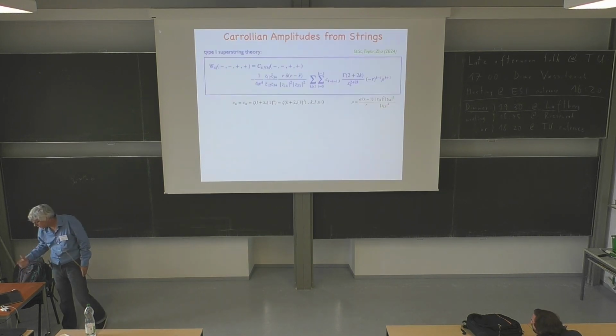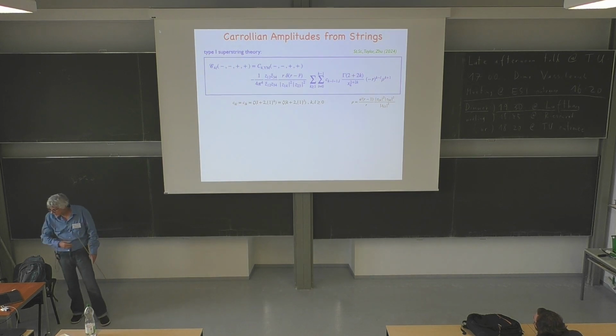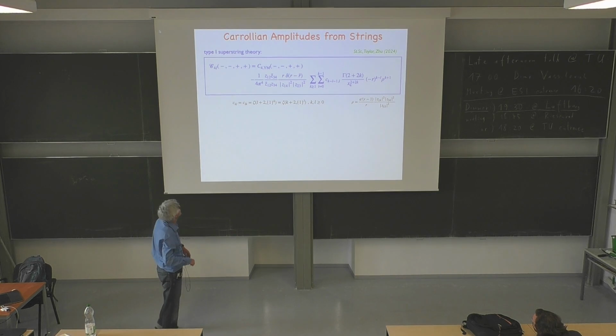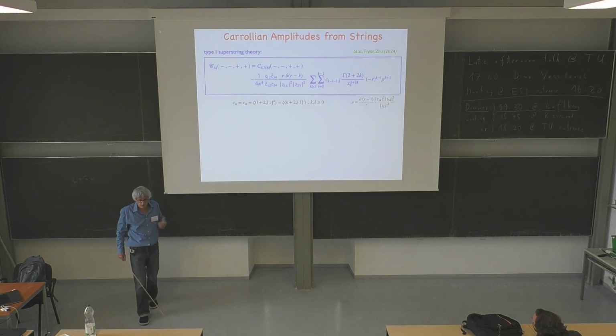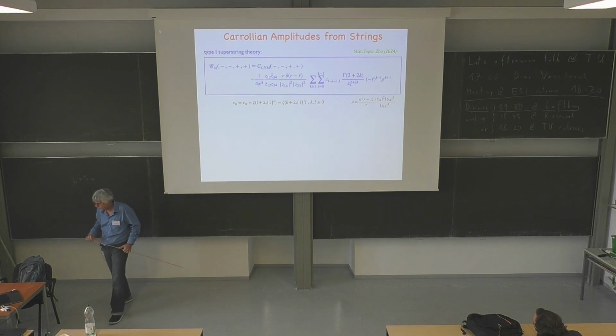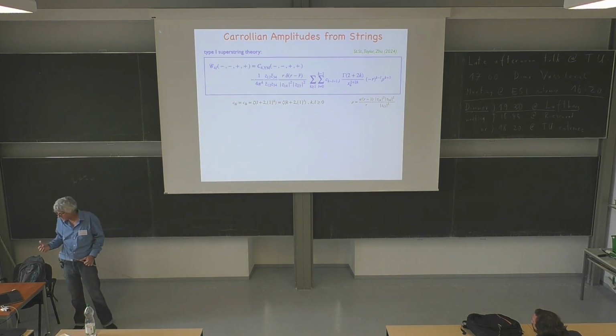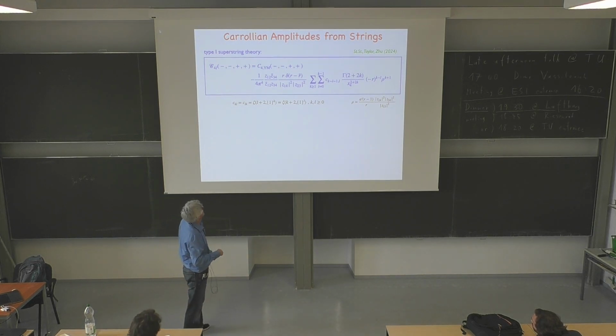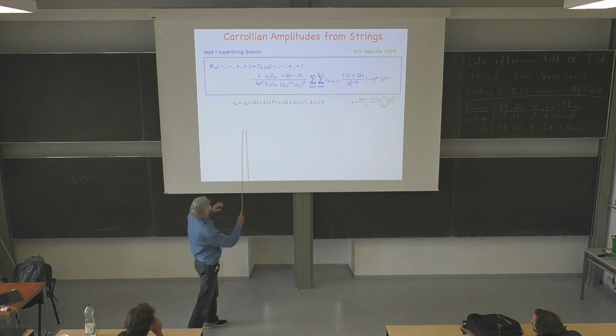So now, how does it look for the string amplitudes? This is Carrollian amplitudes. Again, it will give you a whole set of Carrollian amplitudes, which might be interesting on their own. As I said, I don't want to study strings, but they will give us this.